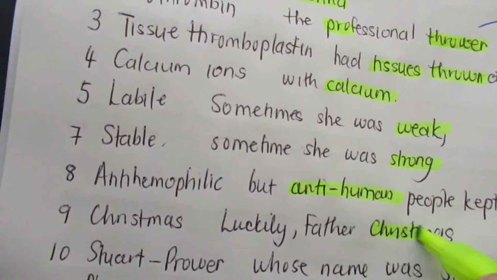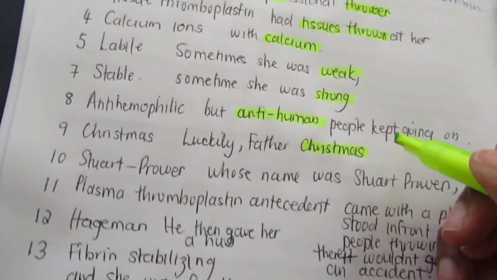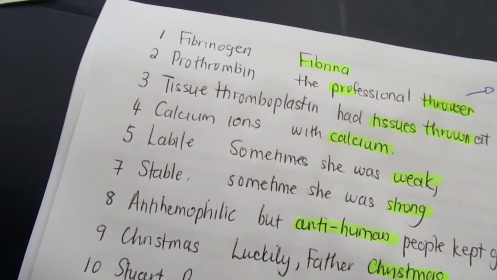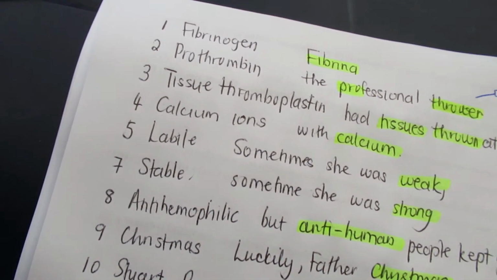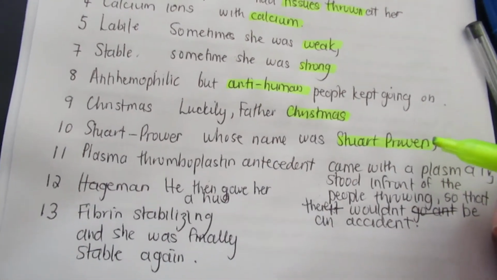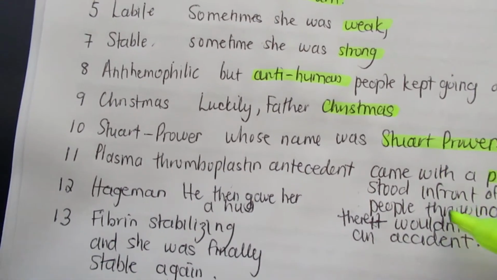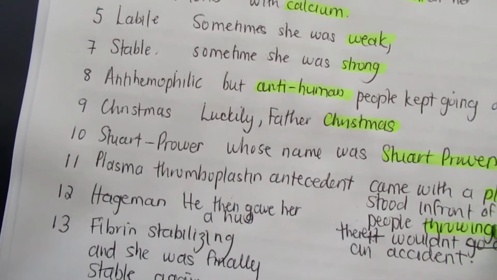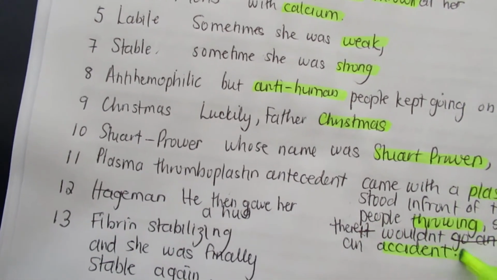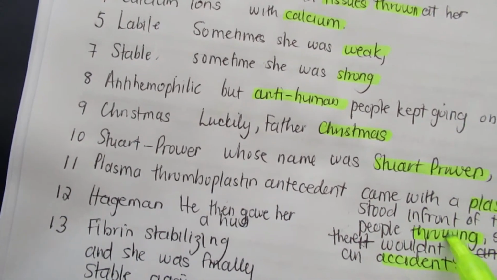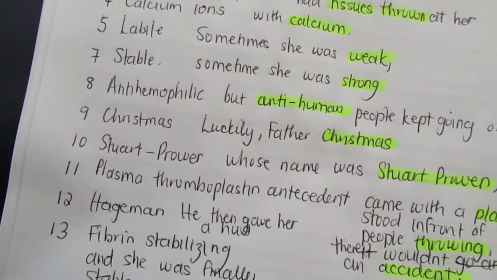Luckily, Father Christmas is the next factor, whose name is Stuart Power. The next factor as well came with a plasma TV and stood in front of the people throwing so that there wouldn't be an accident. Plasma thromboplastin antecedent.